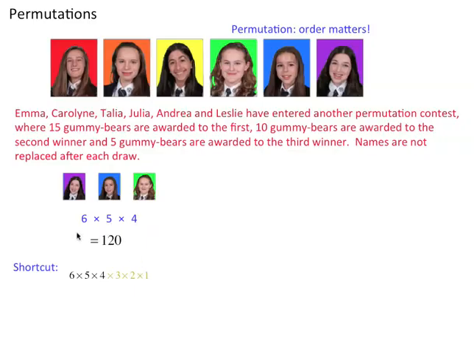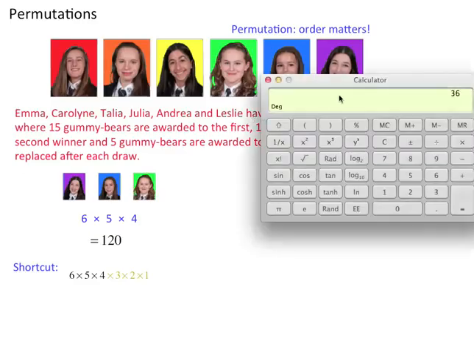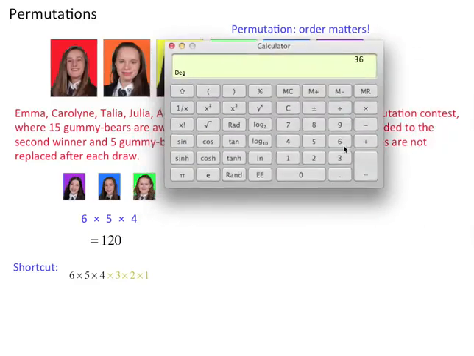All right. Now, 6 times 5 times 4 times 3 times 2 times 1, that's something called 6 factorial. Let me just show you that on the calculator. Okay, and it's a neat little button on the calculator. So 6, it's this thing with a little exclamation point. You click on it, factorial. So that's 6 times 5 times 4 times 3 times 2 times 1, which is 720, right?